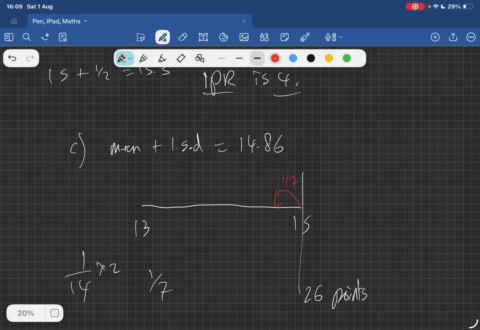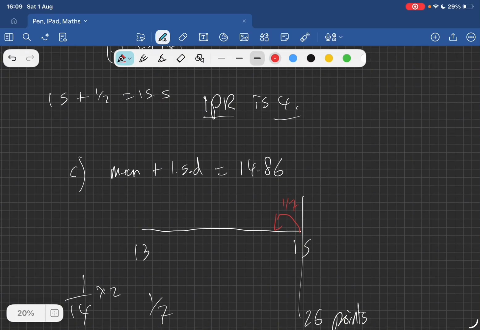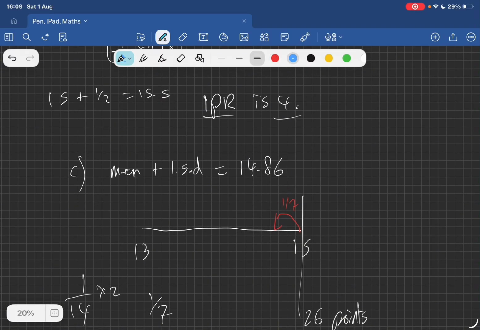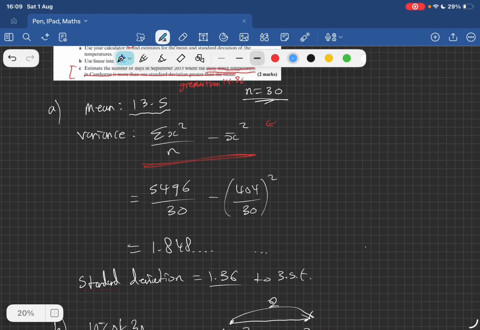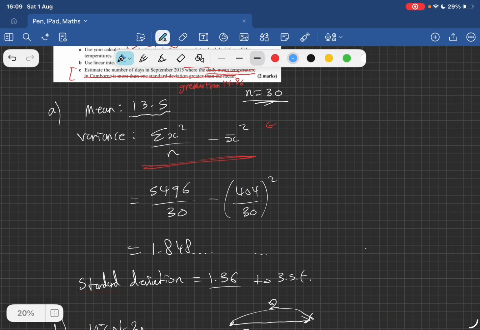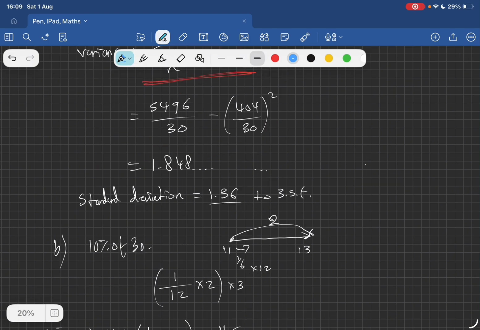We've got 15 take away a seventh, which is 14.857. There's going to be some rounding here, so we need to be careful. A mean plus 1 standard deviation: how exact were we with our working? 14.86. These were rounded. Aha.